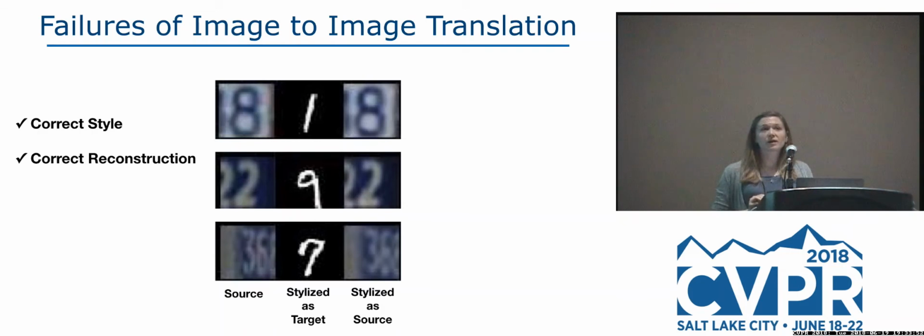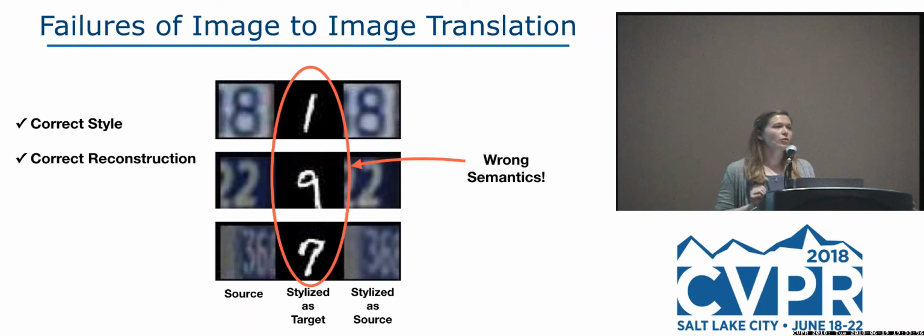Again, they're a pretty good reconstruction of the original image. But of course, if we want to use these intermediate images for domain adaptation, there's a fatal flaw here, which is that these images have flipped semantics. And if we really want to use these middle images in order to train a model that can then be used for recognizing MNIST, this is a critical error that we need to fix.